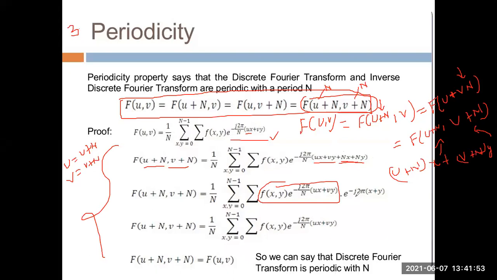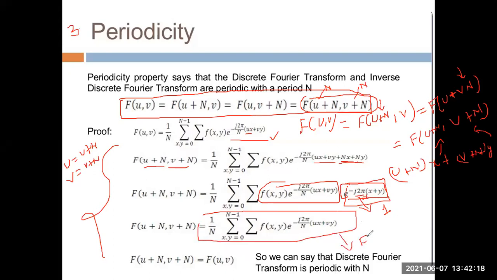Now n is multiplied here and n is common, so they cancel, and it will be written in this form. So when you find the value of this, it will be exactly equal to 1. So finally we get this, which is originally equal to F of uv.